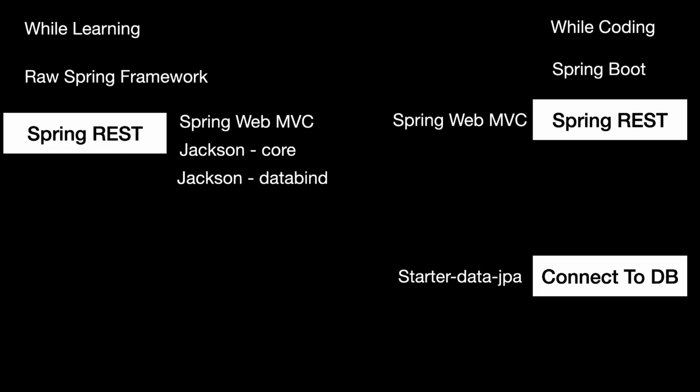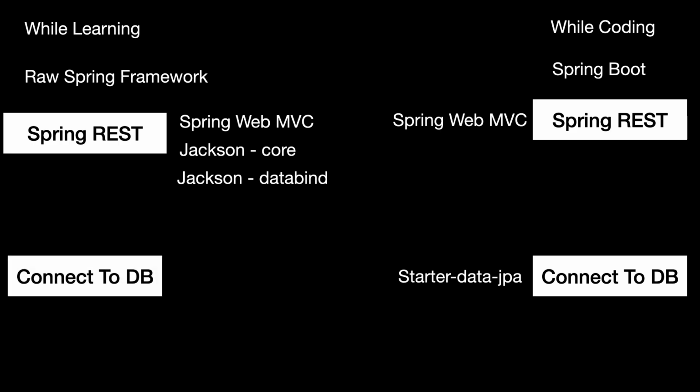But let's say another guy is learning the same thing first with the raw Spring framework. He will also connect to the DB, but for that he has to learn JPA, he has to learn Hibernate, he has to learn ORM, and he has to learn what connection pooling is and some other low-level components.